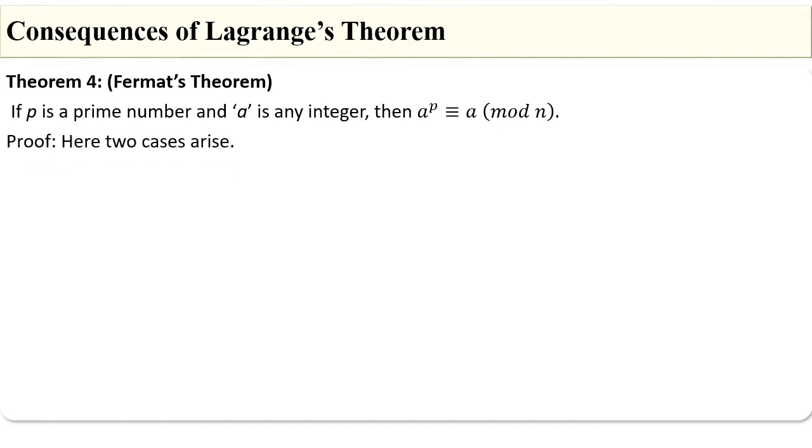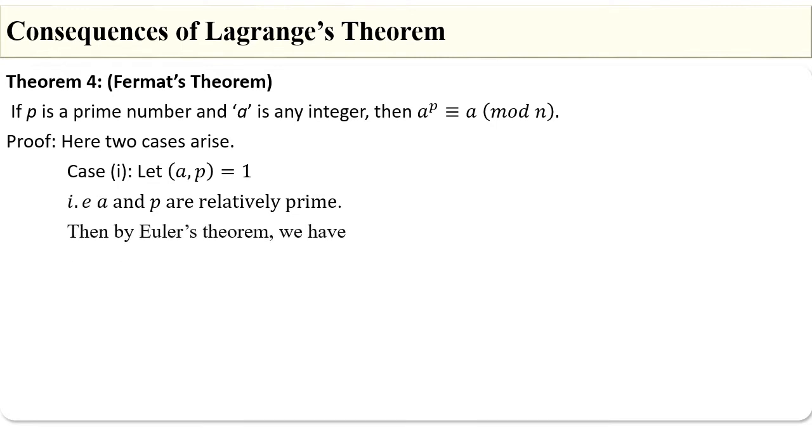Let us prove this theorem by two cases. Case 1. Let the GCD of a and p be equal to 1. That is, a and p are relatively prime. Then, by Euler's theorem, we have a to the power phi of p congruent to 1 modulo p.